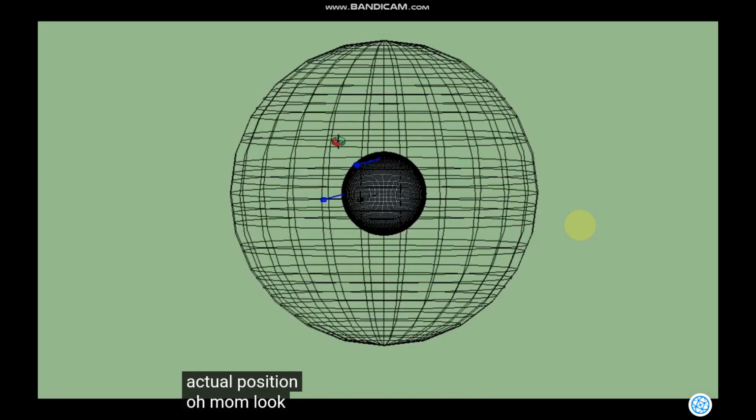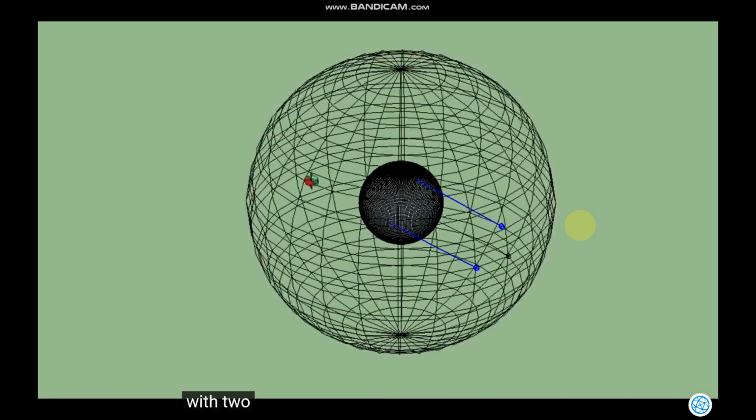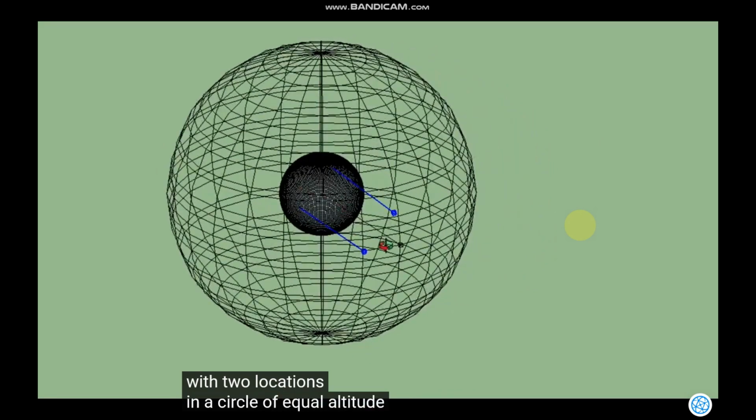Oh, Mom, look! I made the celestial sphere with 2 locations in a circle of equal altitude.